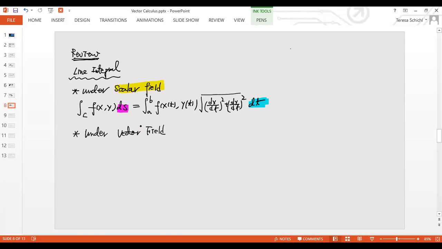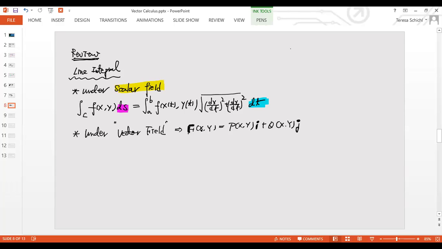From the two videos ahead, we talked about what vector fields are. A vector field F is of this form: for every point (x, y), you have defined functions. These are real scalar functions, the component functions: P(x, y) for the i component plus Q(x, y) for the j component.